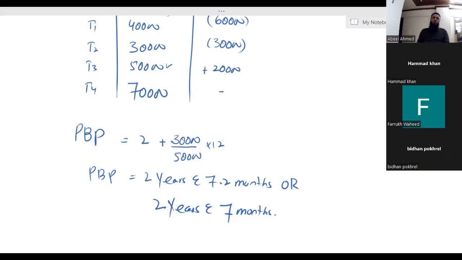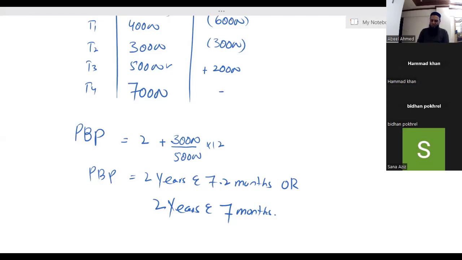Because 7.2 months means you have exceeded 7 months, so month number 8 has logically started. But it's okay. Normally our examiner goes for rounding off according to mathematics. So 7.2 means mathematically you can make it 7, no issue at all.